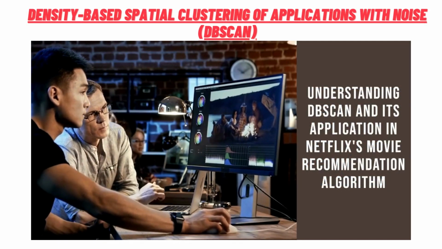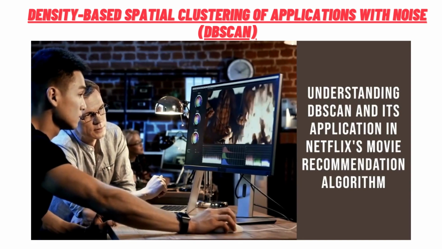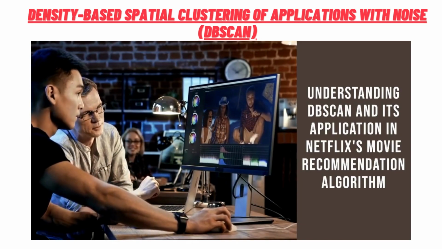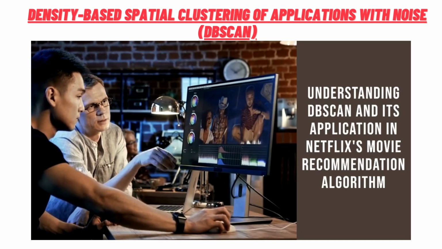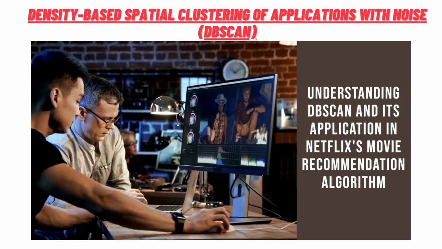Density-based spatial clustering of applications with noise separates high-density clusters from one another at points of low data point density. Netflix's movie recommendation algorithm uses a similar clustering method to determine what to recommend to you next.